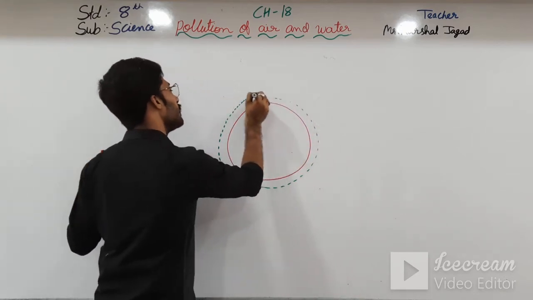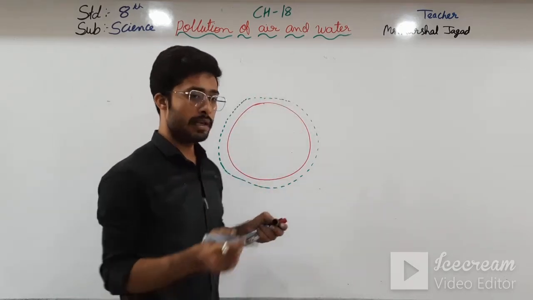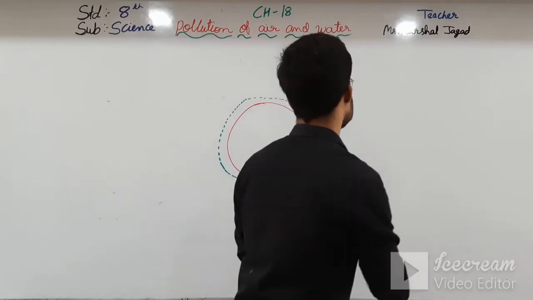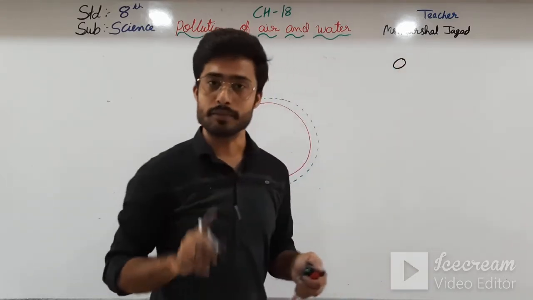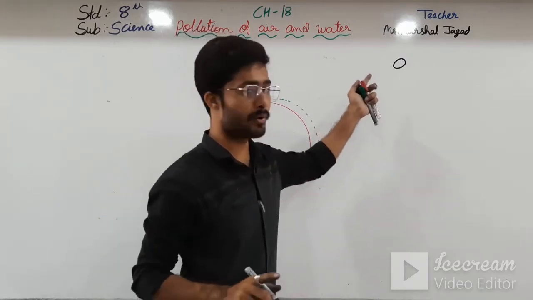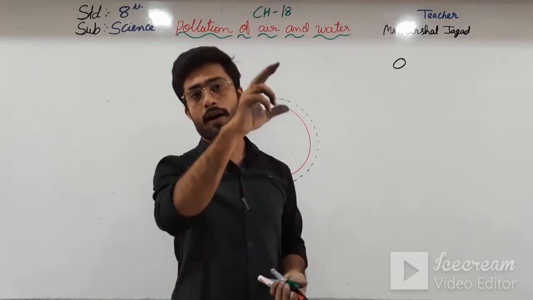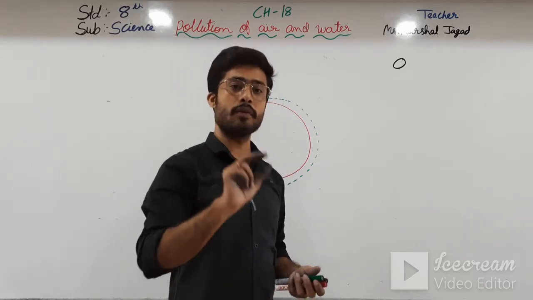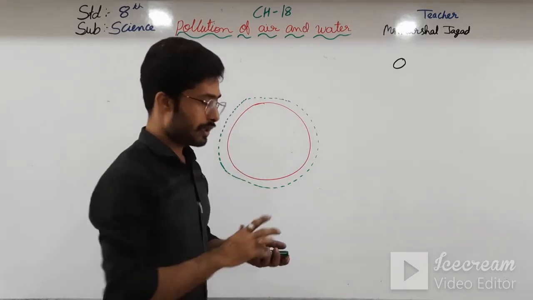Here there is a sun far away, so it will be small, because if we see a far object it is small, and a nearby object is big.